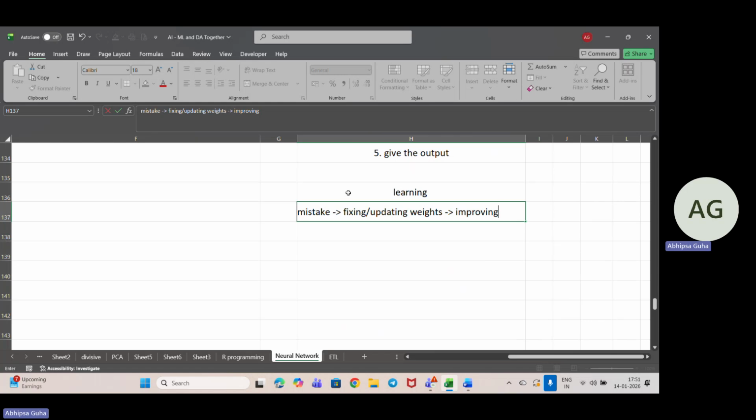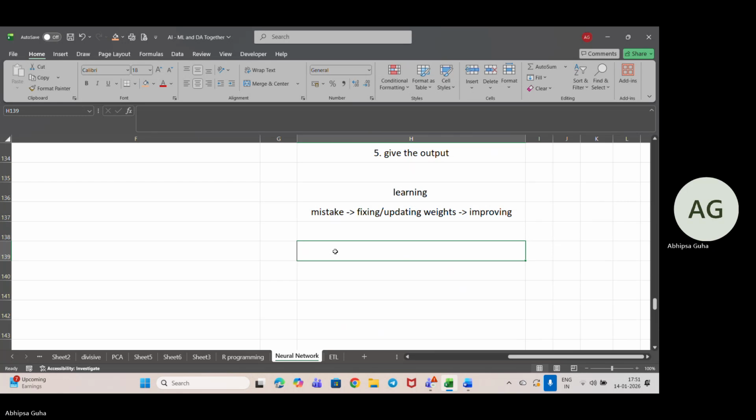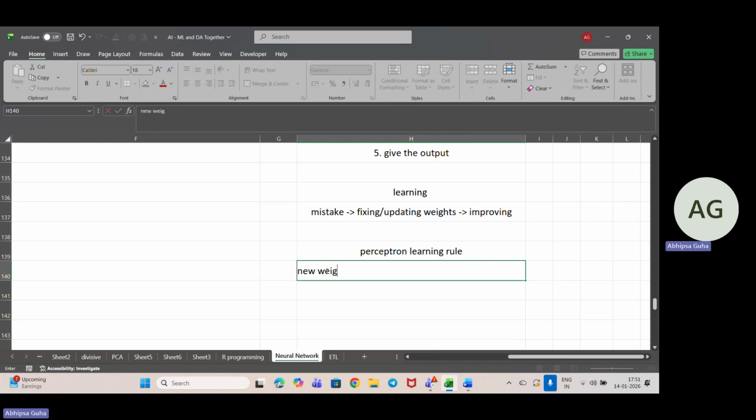Now the perceptron learning rule that we need to understand. For that, new weight is equal to old weight plus learning rate into error into input.